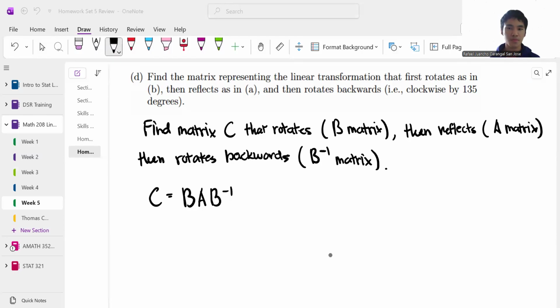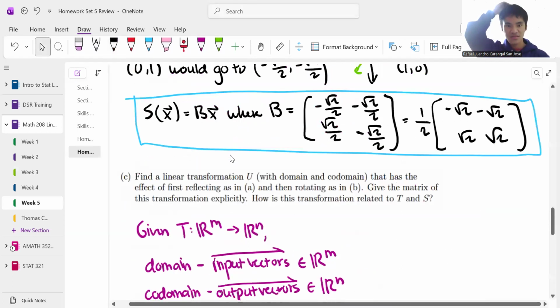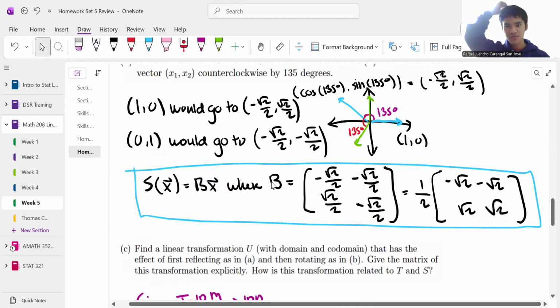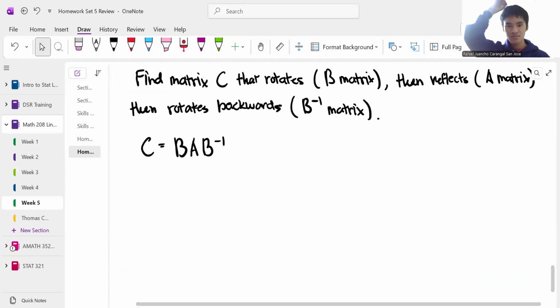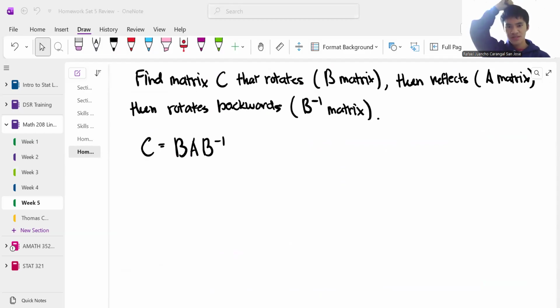Wait a minute. So rotating clockwise by 135 degrees is the inverse of the linear transformation S. So it's the inverse of this thing. So we want to get the inverse of V. So it first rotates and then reflects and then rotates backwards.